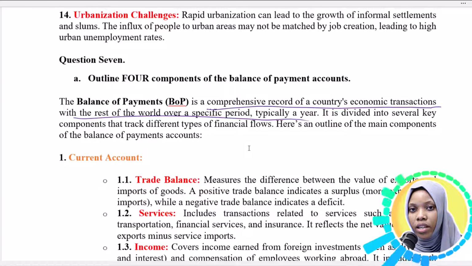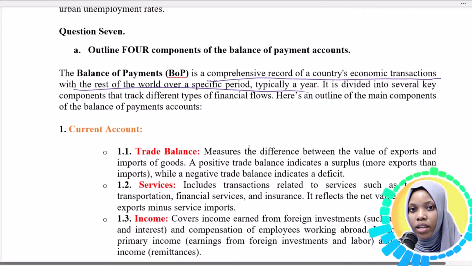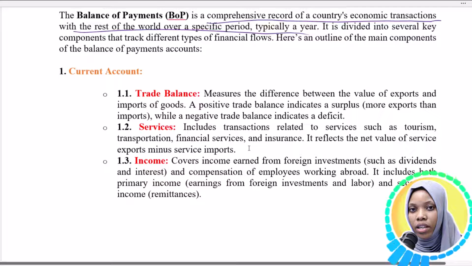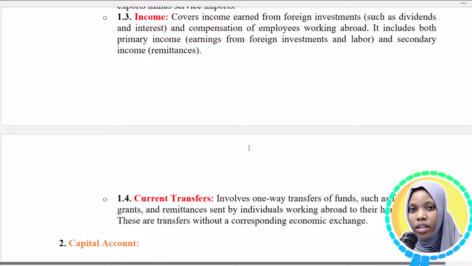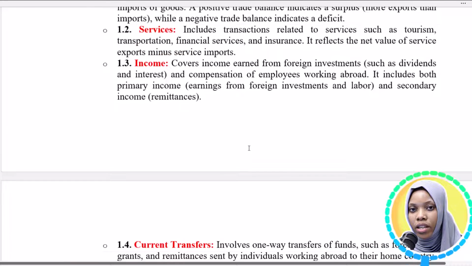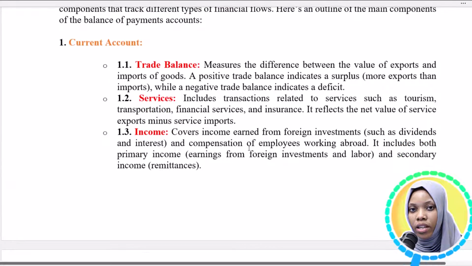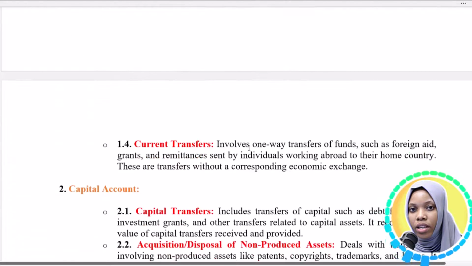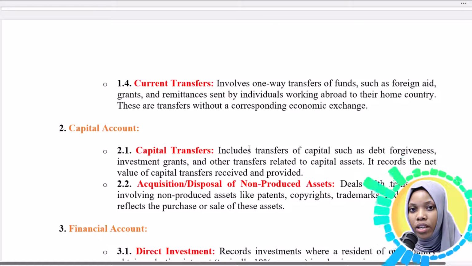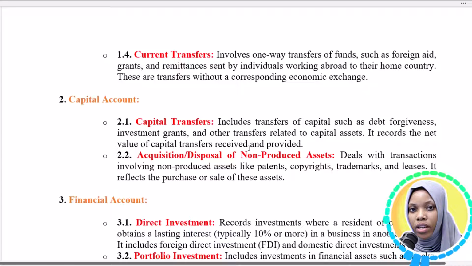And here are the components. Component number 1 is the current account, which is made up of the trade balance, the services, the income, and current transfers. And then another component is the capital account, which is made up of capital transfers and acquisition or disposal of non-produced assets.